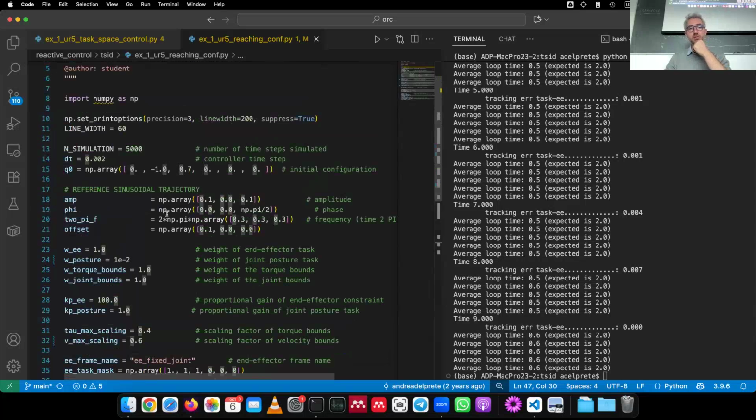Of course, you could still go nuts with it and play with different parameters. Like you could have the motion in the YZ plane instead of being in the XZ plane by changing the amplitude here.